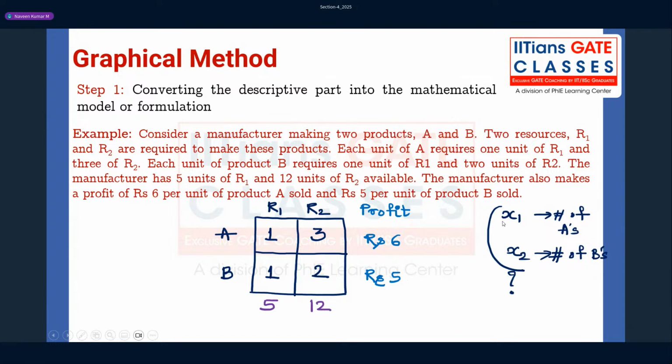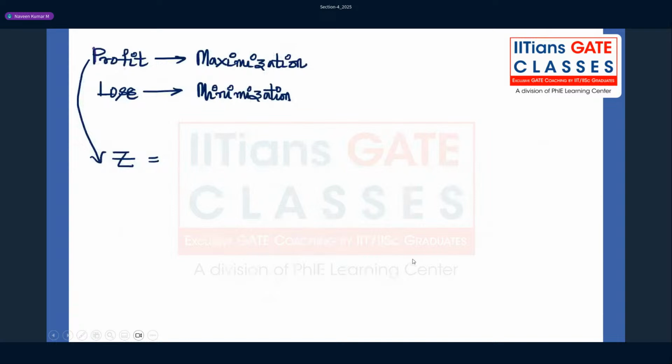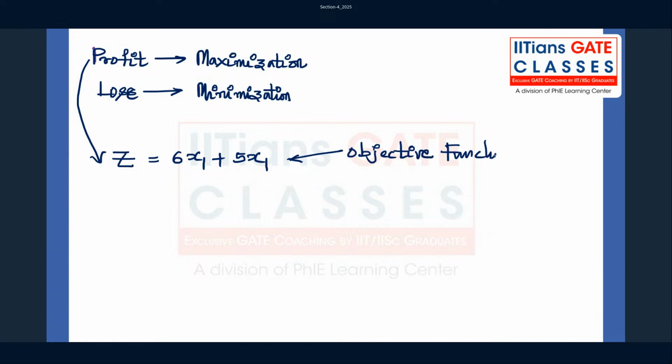Because if you're manufacturing x1 A's, so let's say 3 A's you're making, then 3 into 6 rupees is your profit, and 2 into 5 is your profit for B. So 6x1 plus 5x2. And the name for this is your objective function, right?